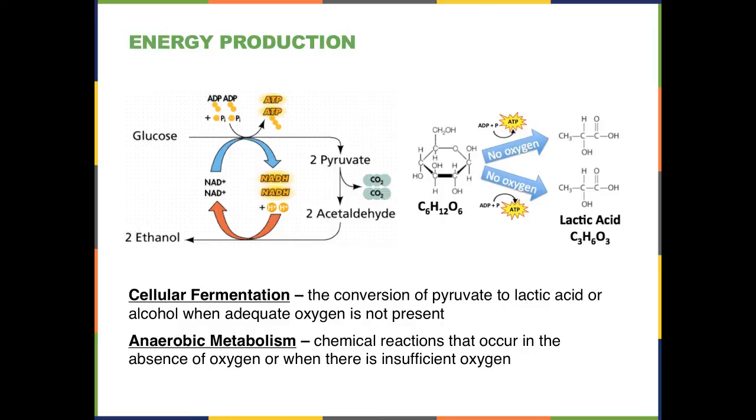In that situation, ATP is produced, but it is far less ATP than you would produce if you had adequate oxygen present. So this is an emergency situation that allows for the production of energy, but has the downside of being far less efficient in terms of energy production. And also you produce lactic acid.